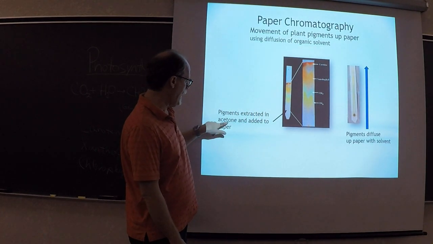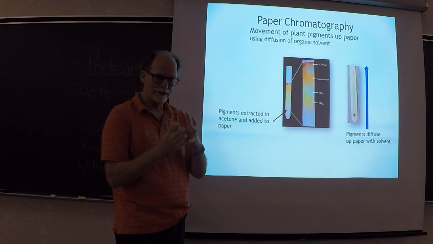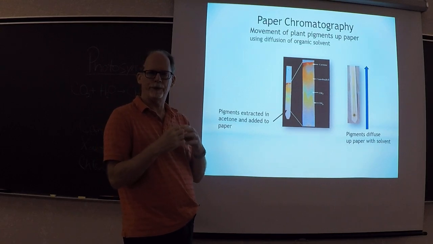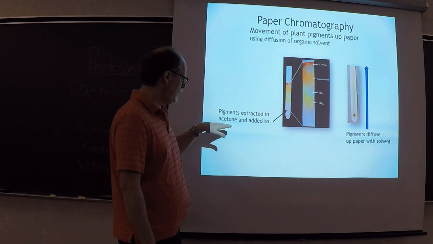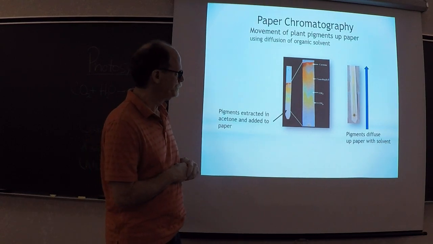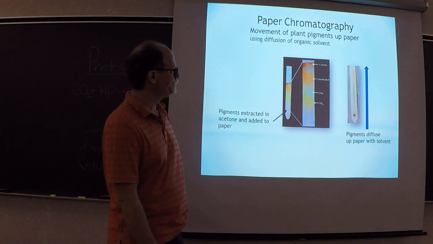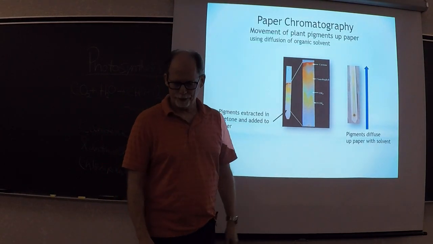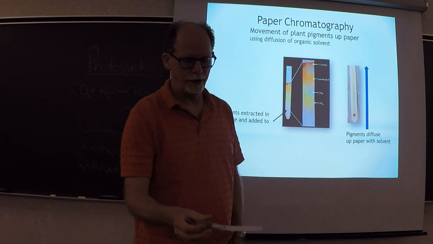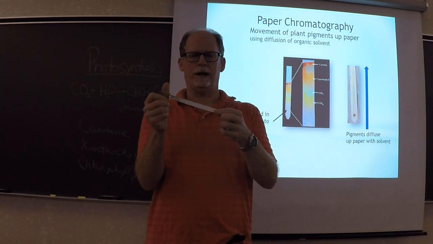And then we'd add acetone to the crushed up leaf, which would extract the pigments. The acetone would turn a green color, because most of the pigment is chlorophyll, which has that color. Then we would take a drop of the acetone containing the pigments and put it on this chromatography paper.